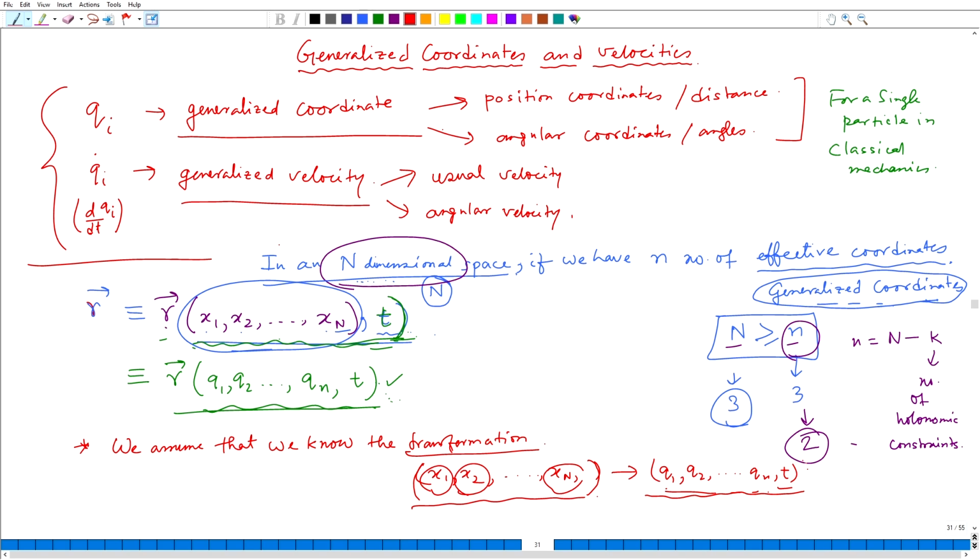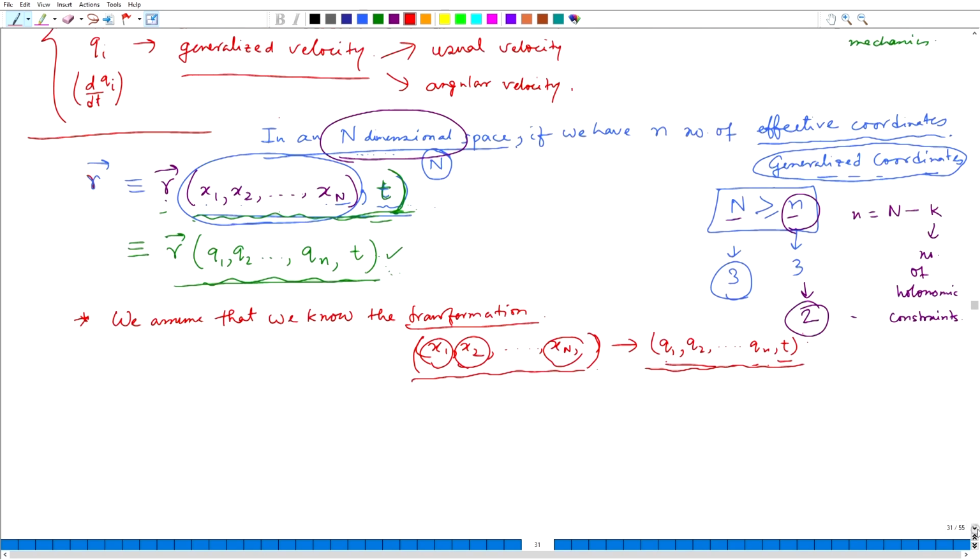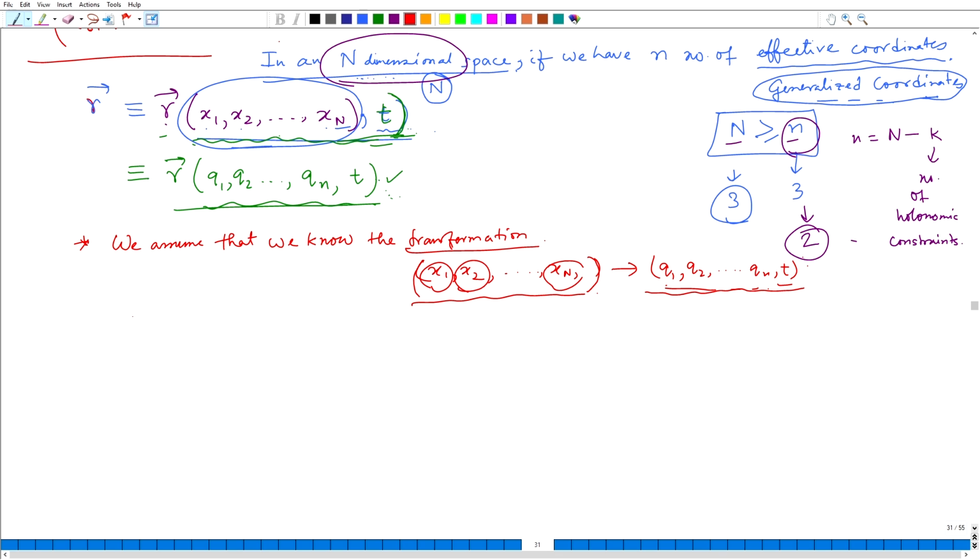Now, if I write this, then I know dxi will be equal to the summation over j of del xi del qj dqj plus del xi del t dt.